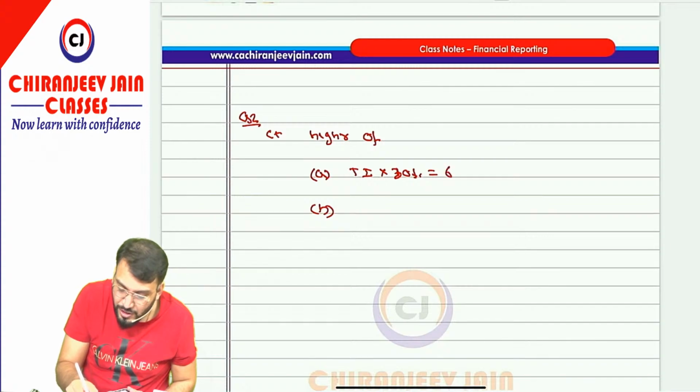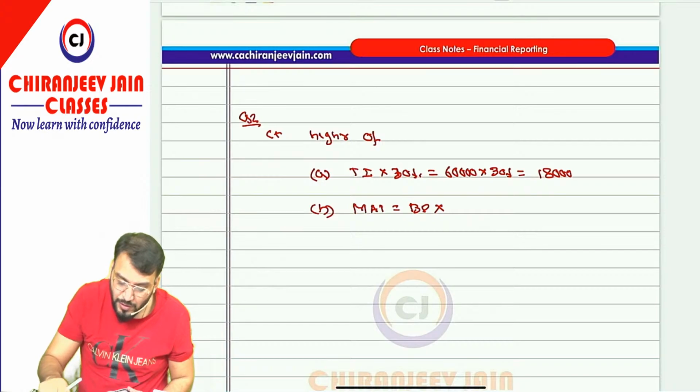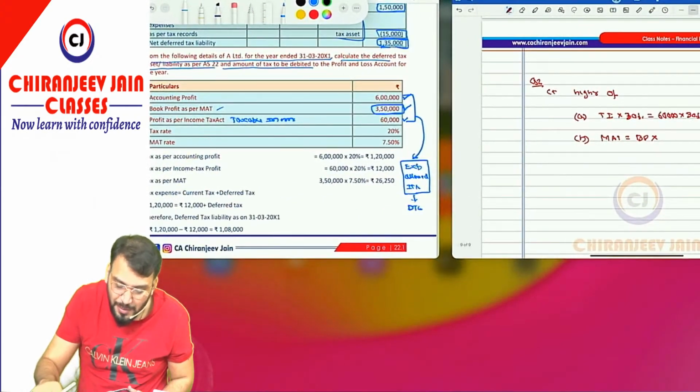So taxable income is given 60,000. 30% is the regular tax rate. It becomes 18,000. And MAT, minimum alternate tax, means book profit multiplied by the MAT rate. It is given 7.5%.